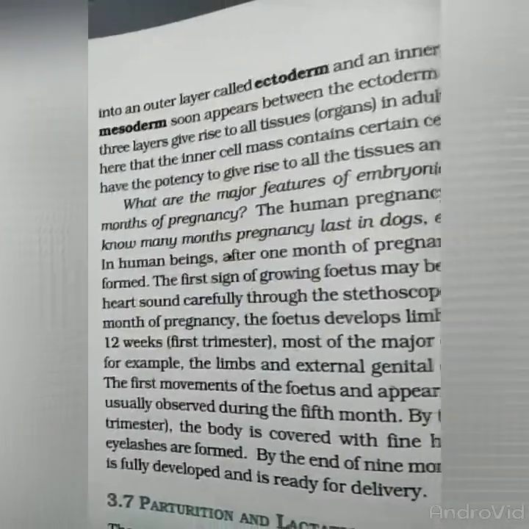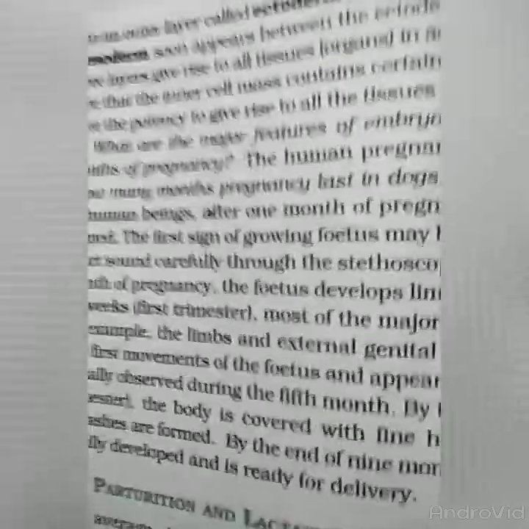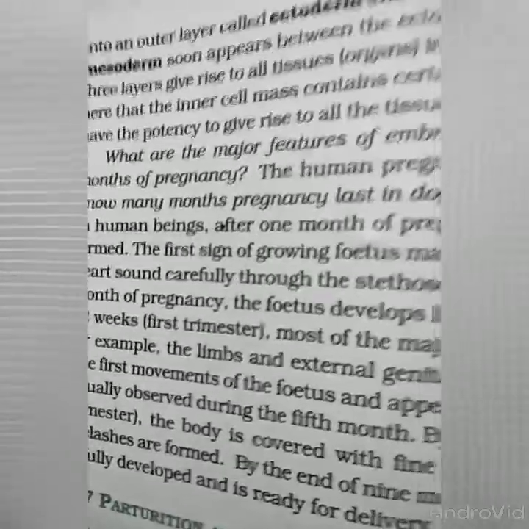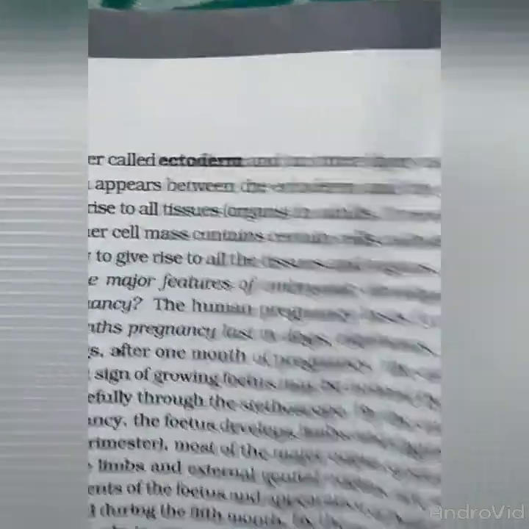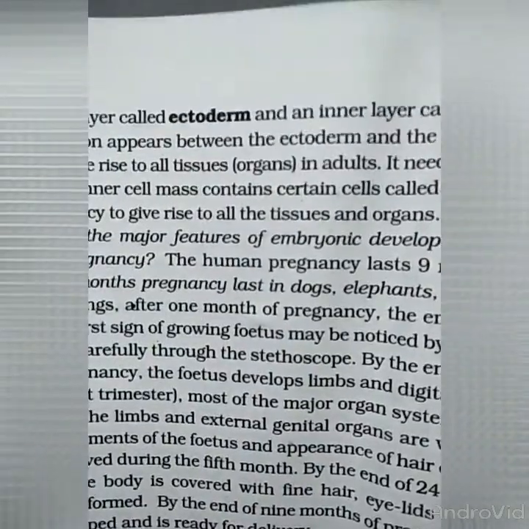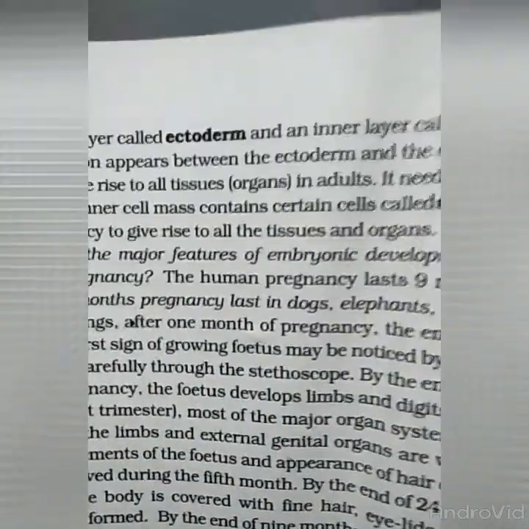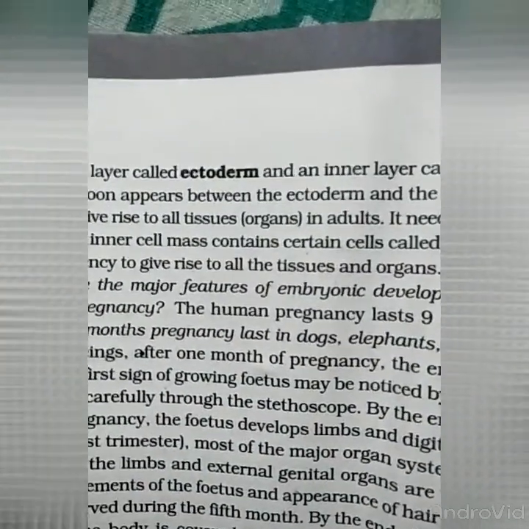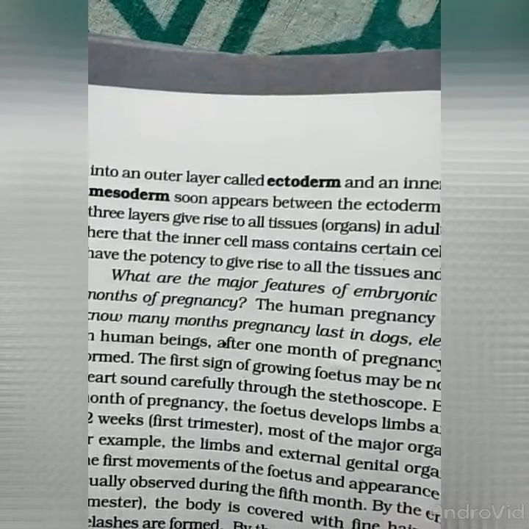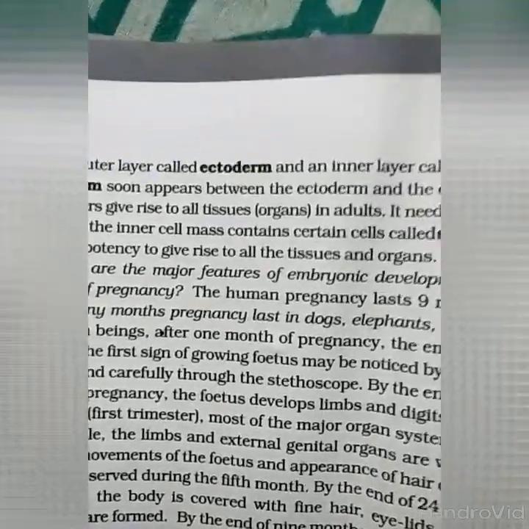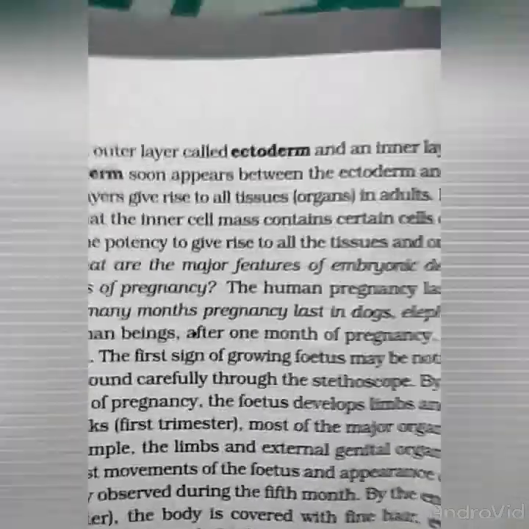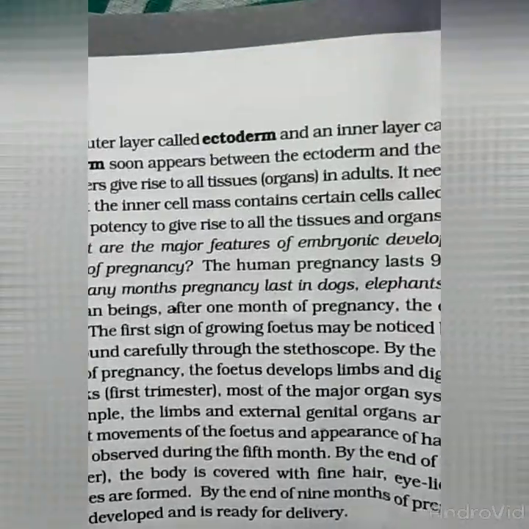Soon after implantation, the cell mass divides and forms two layers, the ectoderm outside and the endoderm inside, and a middle layer soon appears, called the mesoderm. Between the ectoderm and endoderm, the middle layer is called mesoderm. This forms just after implantation.